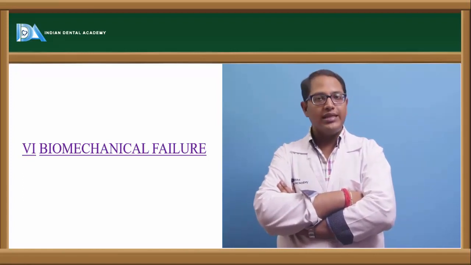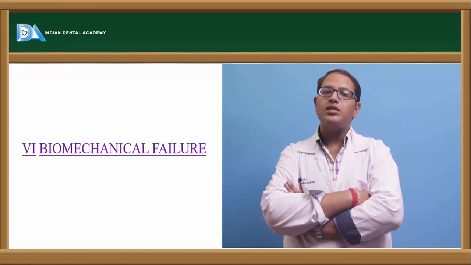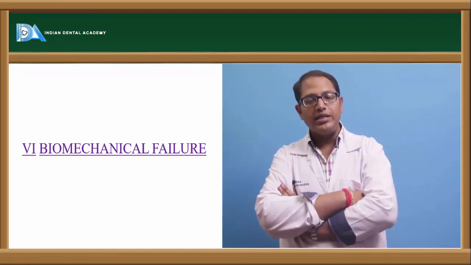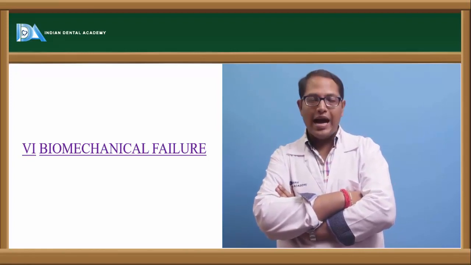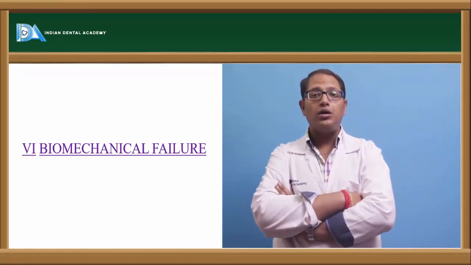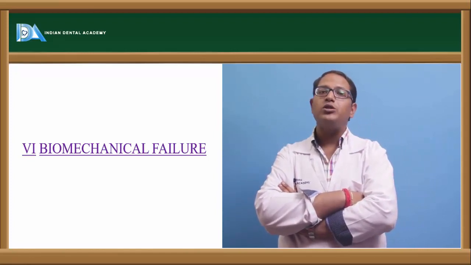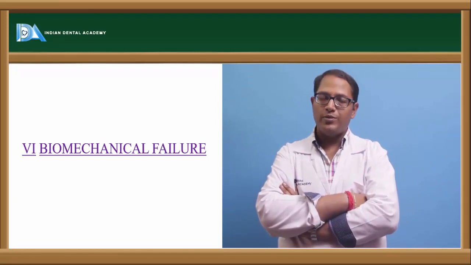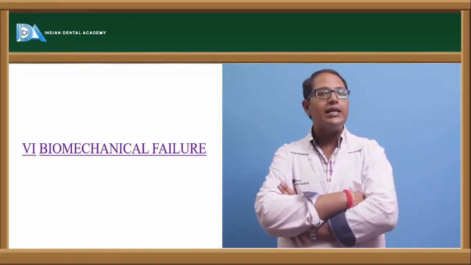Now, when the natural teeth are not there, the force is going to transfer with the help of pontic, connectors or retainers to the abutment teeth and to the ridge. If that particular connector or pontic is not able to withstand that force, then the failure will be called biomechanical failure. How is that going to happen?